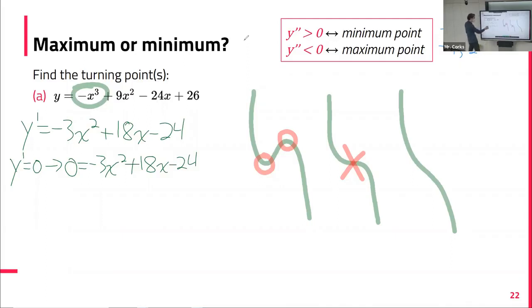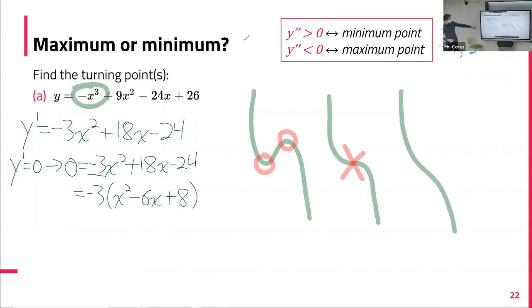Okay, so common factor, I'm going to take out the -3, the whole thing. So -3, and then what will we have inside? x squared minus 6x plus 8.